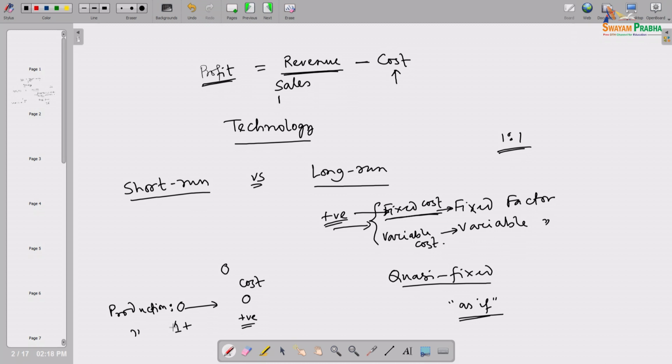But quasi fixed cost remains fixed, but it has two groups. So long as output is 0, this cost is 0, it is not positive at all, and so long as output is positive, irrespective of the quantity of output, 1 unit, 5 units, 10 units, it is the same amount of cost. But when you are not producing anything, you need not incur any cost.